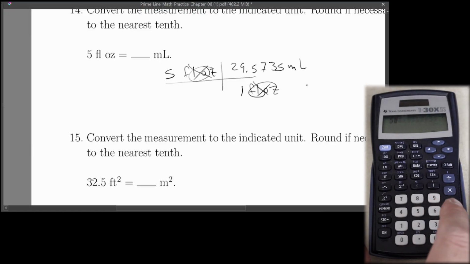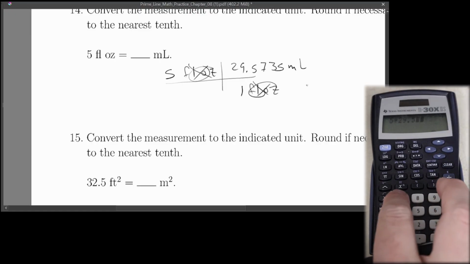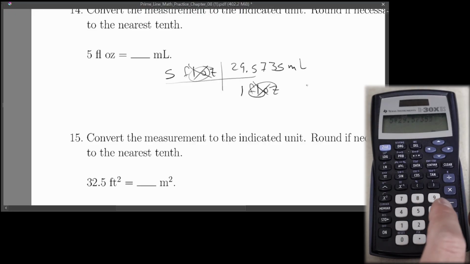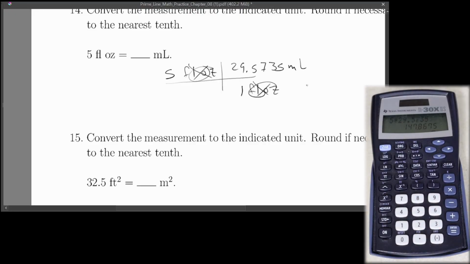We take 5 times 29.5735 divided by 1, and we get 147.9 when we round it for our milliliters.